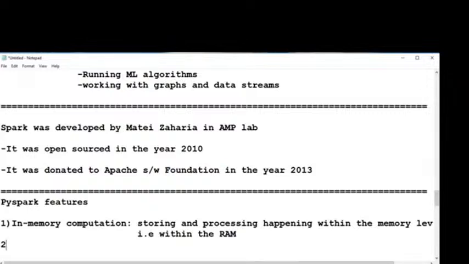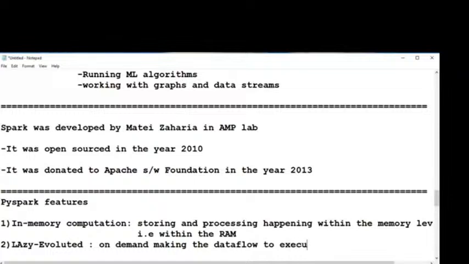I said it is lazy evaluated. Lazy evaluated means on demand, making the data flow to execute on demand.